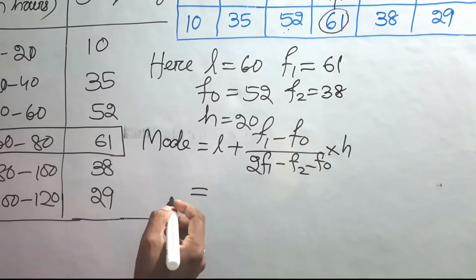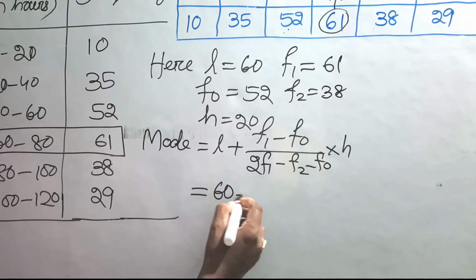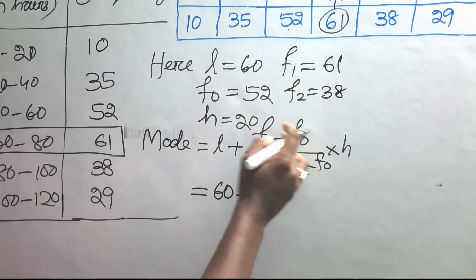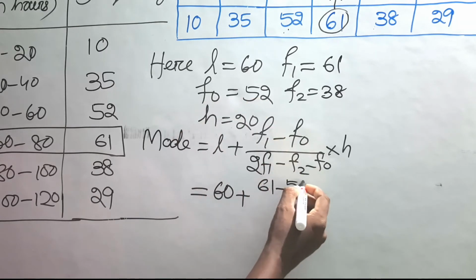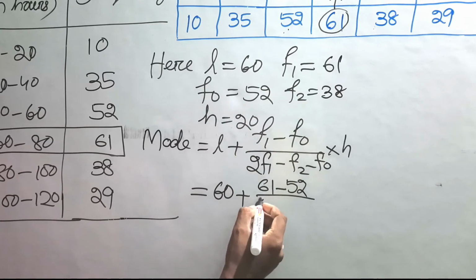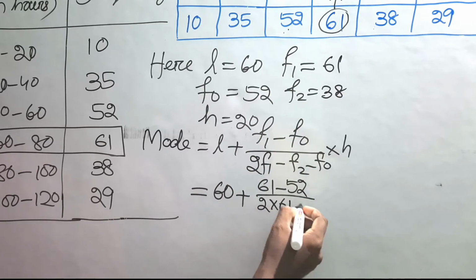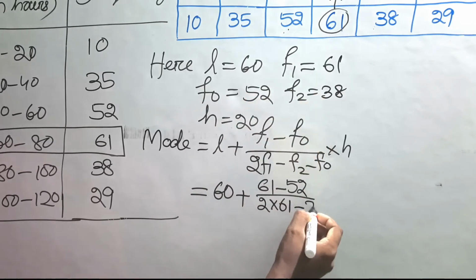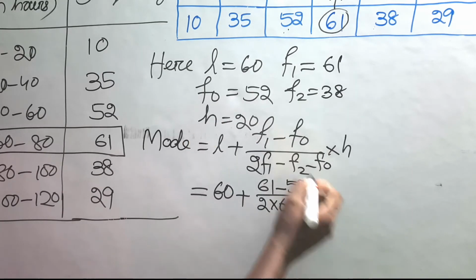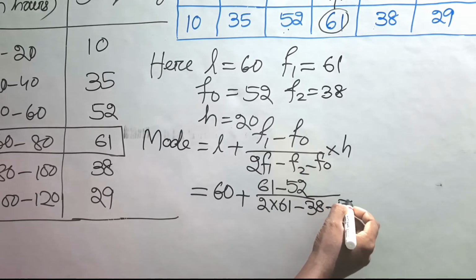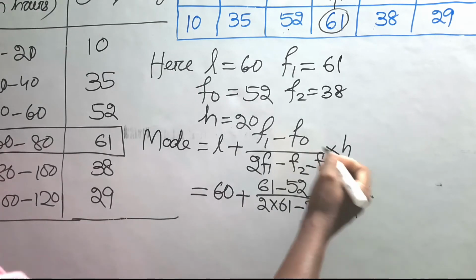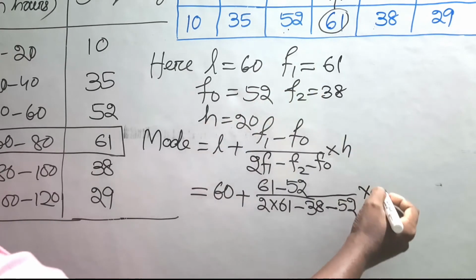Now this is equal to L plus F1 minus F0, that is 61 minus 52, divided by 2F1, that is 2 into 61, minus F2, that is 38, minus F0, that is 52, into H. H is 20.